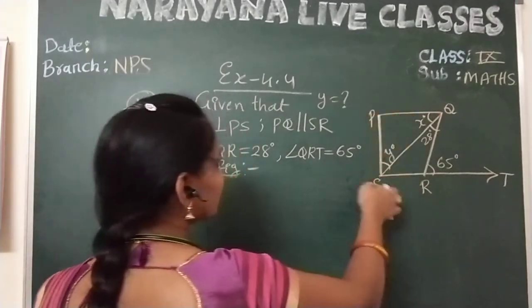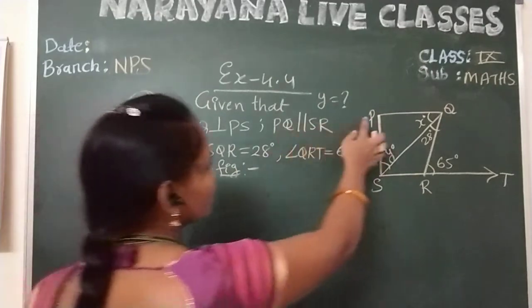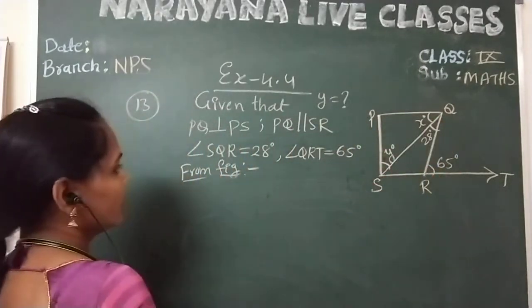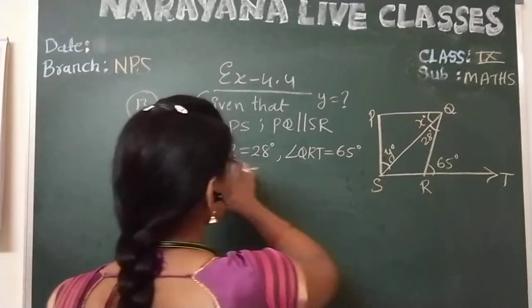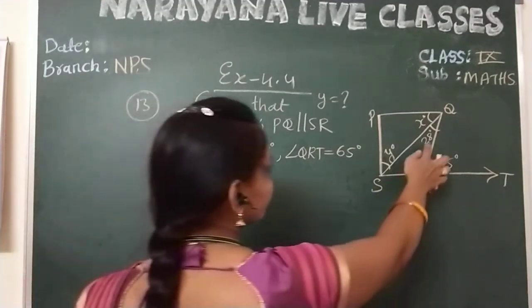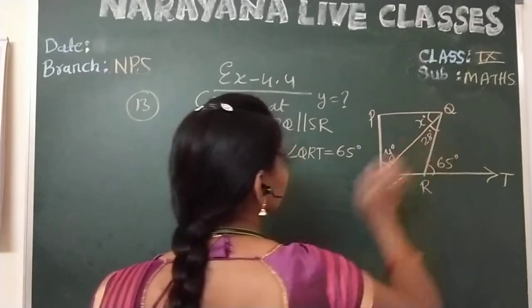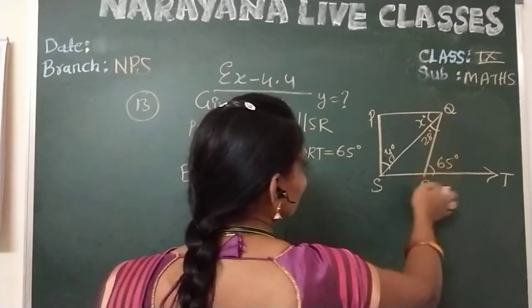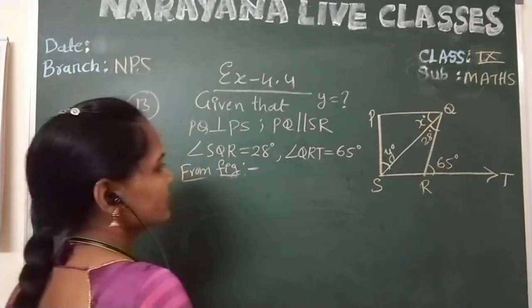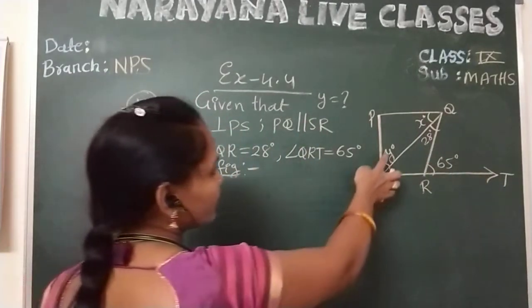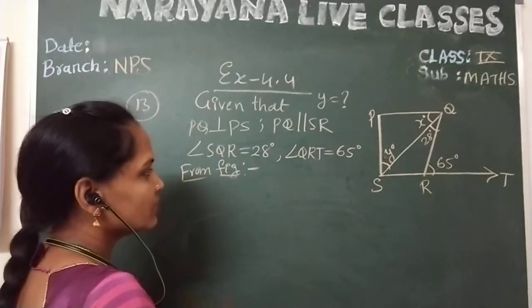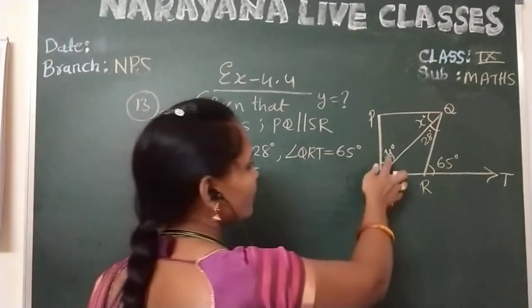PQ is perpendicular to PS and PQ is parallel to SR. Angle SQR is 28 degrees, and angle QRT is 65 degrees. We need to find the y value by using the given information.